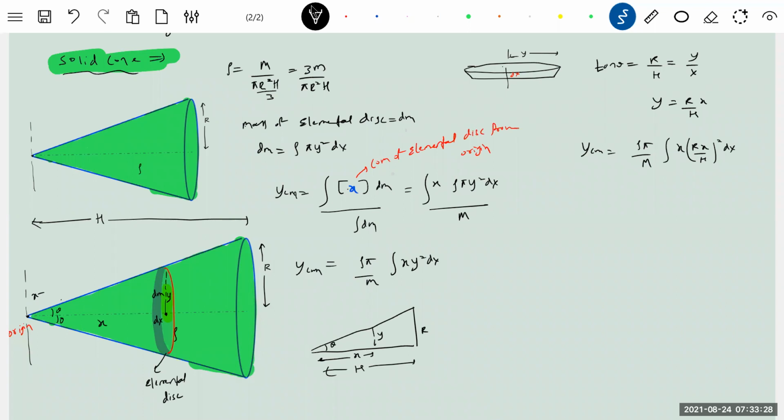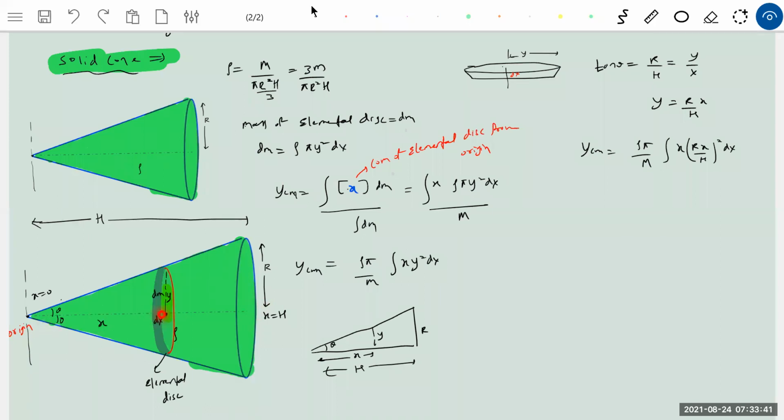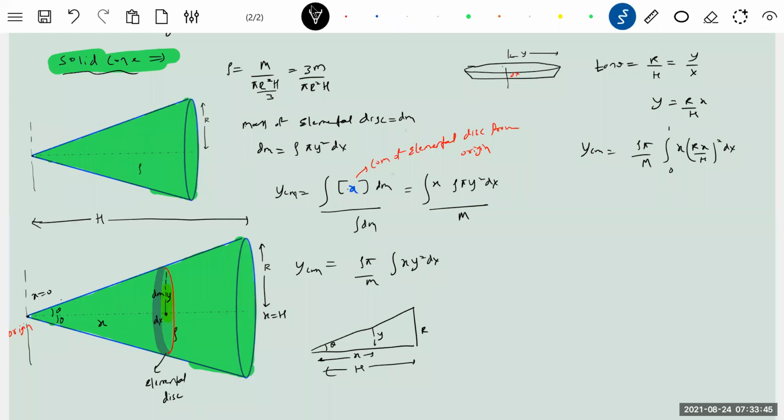It will be x equal to 0 to x equal to H. What is the height of the solid cone? This is H. The dx is what we assumed along the x-axis here, so x will vary from x equals 0 to x equal to H. Limits, I'll show separately.